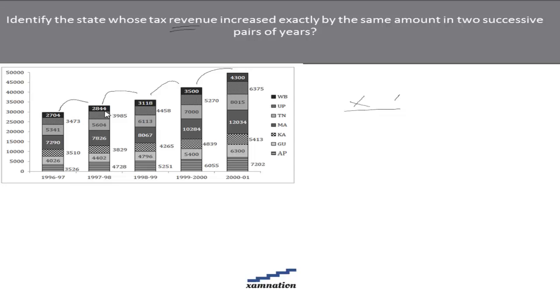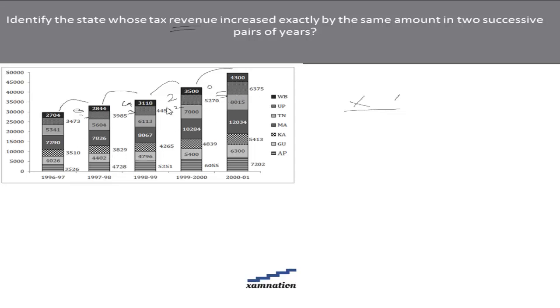As you can see, the last figure here will be 0, but here it will be 4, then 2, then I have 0. So this doesn't qualify West Bengal. Then the next one is UP. Here also 2, then I have 3, here 2, then I have 5. So this also doesn't qualify.